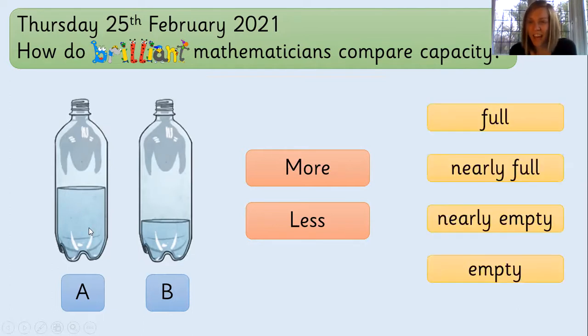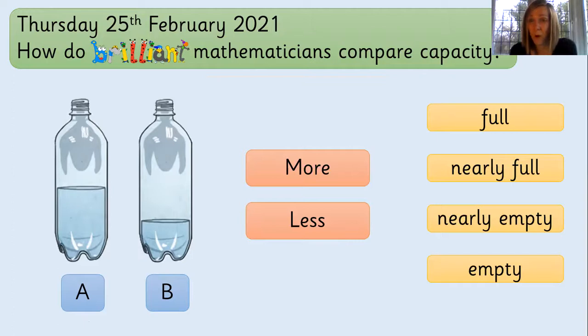And then I could really show off by using the word because. And that means I'm now going to give a reason. So if I have a look at bottle A and B, I could say something like, bottle A is more than bottle B because bottle B is nearly empty.